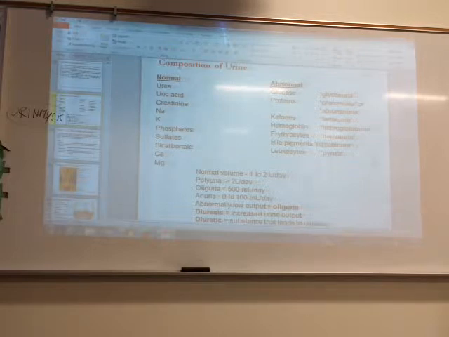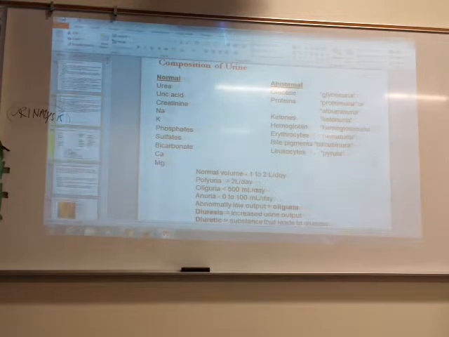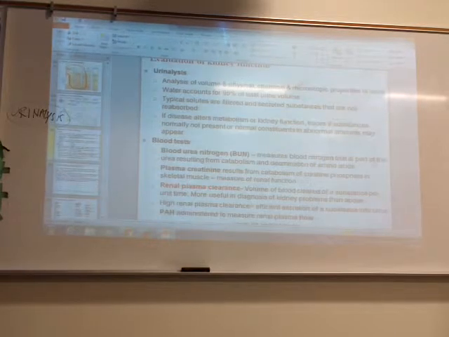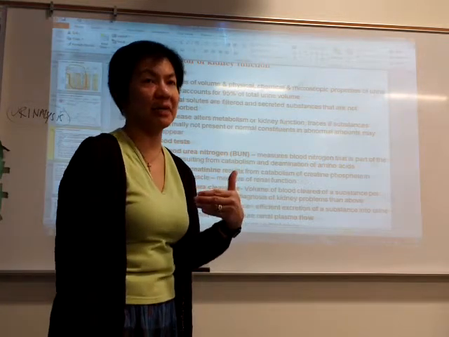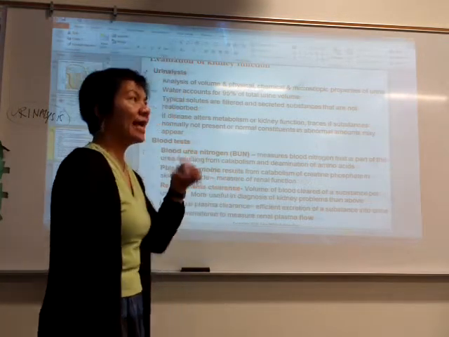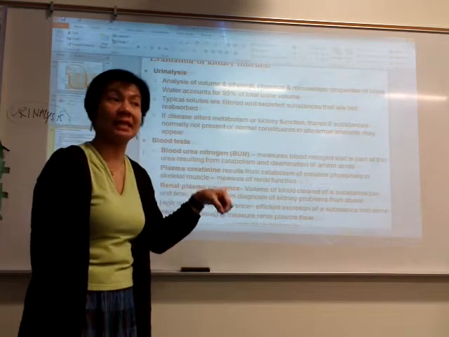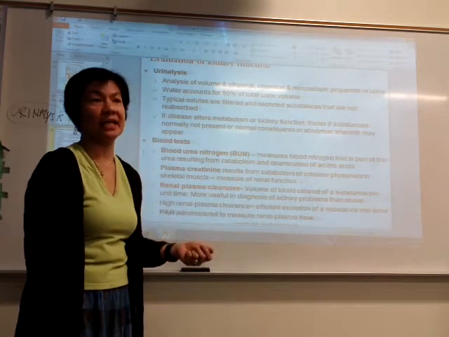Another way to test for kidney function, do you agree? In addition to urinalysis, a blood test can help in assessing kidney function. Isn't the job of the kidneys to get rid of waste that's in your blood? So if the waste is still in the blood, that's telling me my kidney is not working.